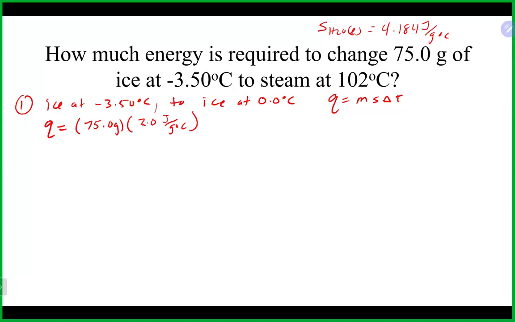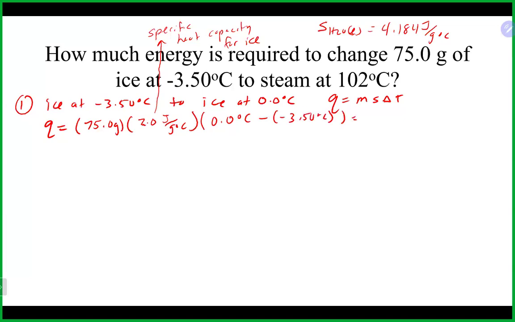So this is the specific heat capacity for ice. And that's really important when you're doing a problem like this. If you happen to be in a different phase, you want to make sure that you're using the proper specific heat capacity. Now, our final temperature in this case is 0. Our initial temperature is minus 3.5 degrees Celsius.